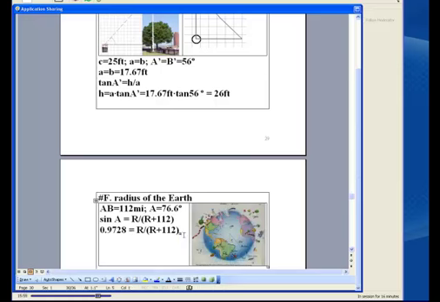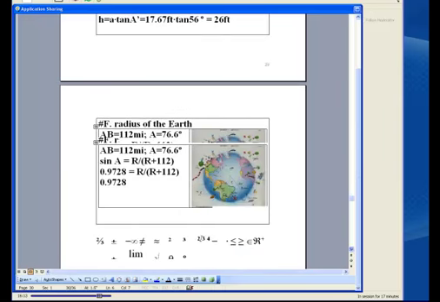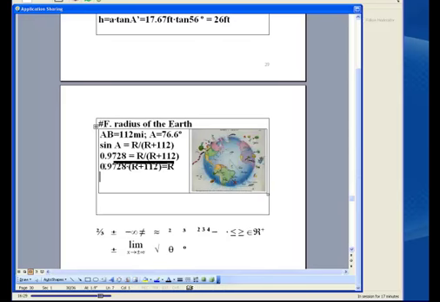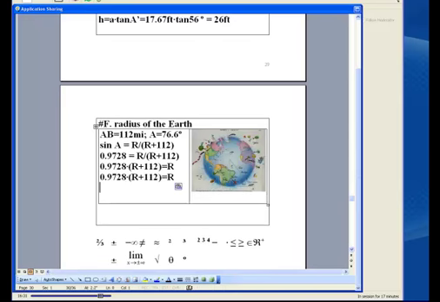And then unfortunately we do have to do some algebra here, so it's going to be 0.9728 times this parentheses, equals the radius r, and continuing with the algebra, that's going to be 0.9728 times radius r plus 112 times 0.9728.